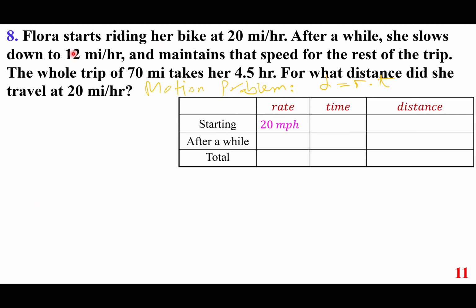After a while, it goes down to 12 miles per hour. So it's very straightforward what's happening so far. Maintains the speed. The whole trip is 70 miles. The distance, the total is 70 miles over the course of total of 4.5 hours.